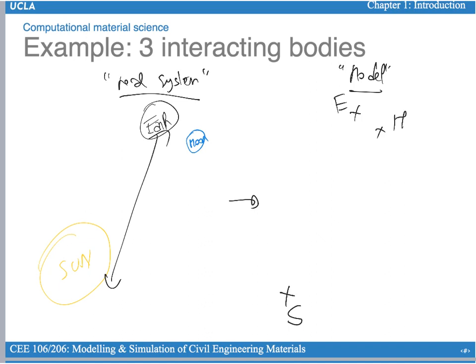For example, if you just care about their relative motion, then probably simulating them as points is a reasonable starting approximation. So that's the first thing: you need to simplify the actual system, which is always too complex to be treated directly. The second thing that you will need to simplify also is what is the governing physics?